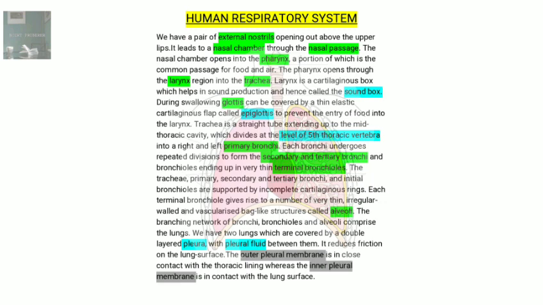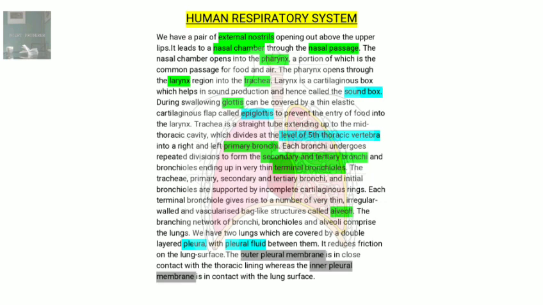C. Nasal cavity, which is the superior part of the nasal cavity. D. Nasal conchae, 3 shelves formed by projections that extend out of each lateral wall of nasal cavity. Then the nasal chamber opens into nasopharynx, which is a superior portion of pharynx and common passage for food and air. Nasopharynx opens through glottis of larynx region into the trachea.